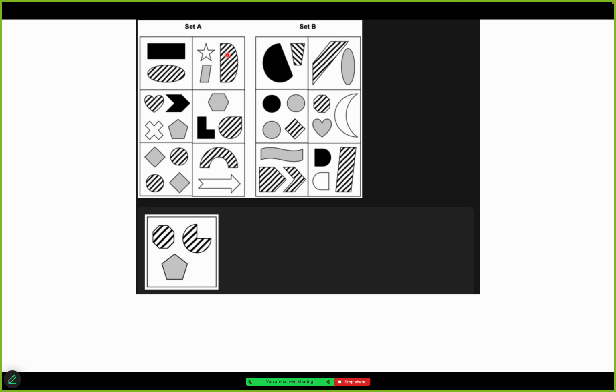Oh wait, in set A, the shape with the least amount of sides has the stripes. Okay, that's one way we can calculate. And in set B, it's kind of like the most, but then the bottom left has two shapes that are stripes. I'm not sure.